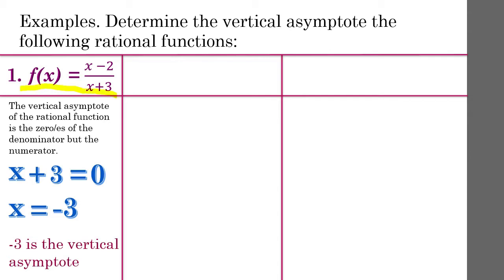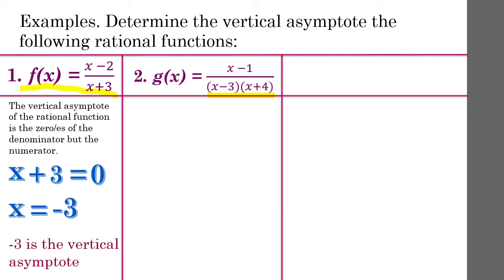Okay. Another one: g of x is equal to x minus 1 over x minus 3 times x plus 4. So again, we will focus our attention only on the denominator of the function.